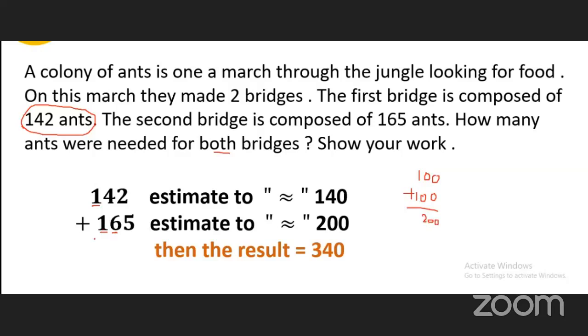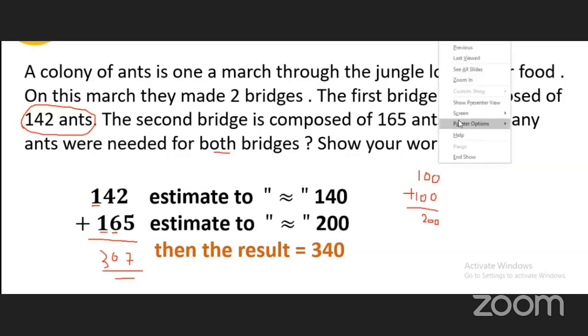Let's check: if we did the traditional adding, 2 plus 5, 7. 4 plus 6, 10, 0 and carry up 1. 1 plus 1, 2. 2 plus 1, 3. You will find it very far. This is the accurate one. So that's what was wrong.